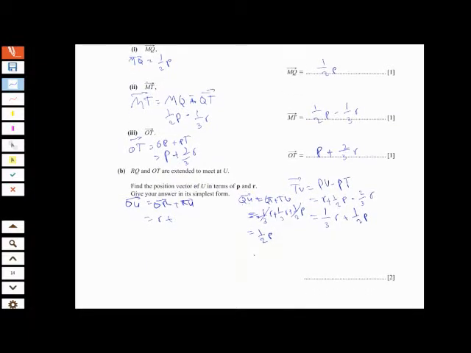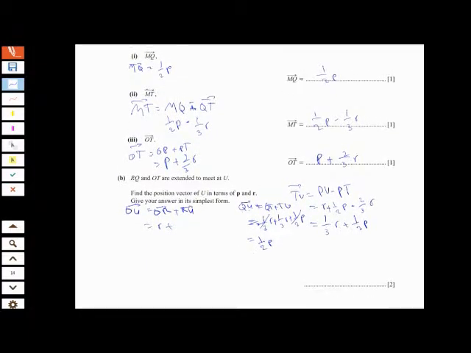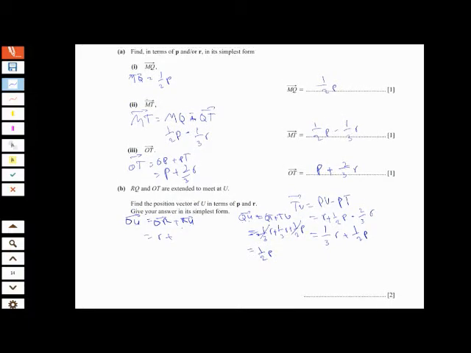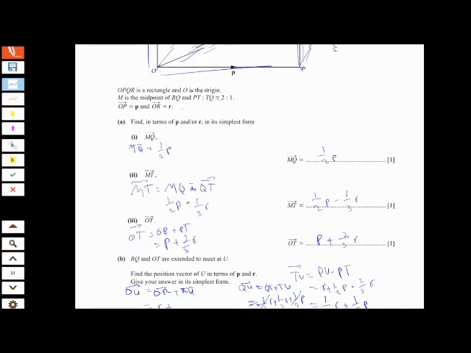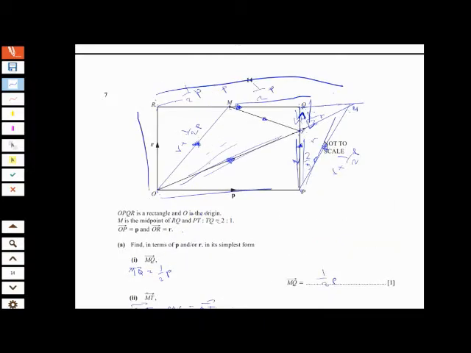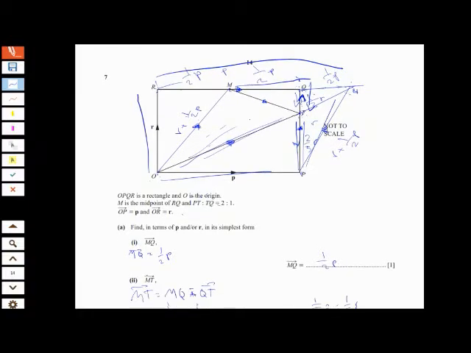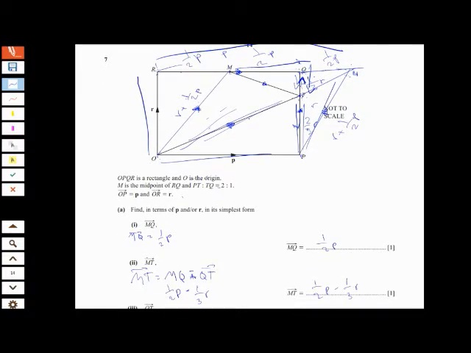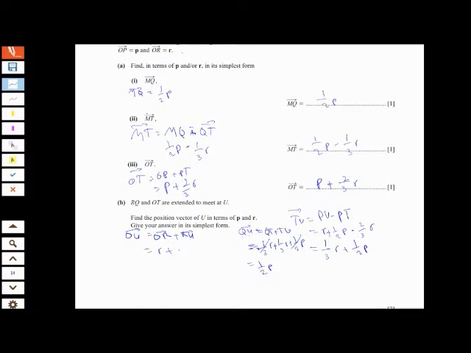Okay, now RU is basically RQ plus QU. QU is half P as well, and RQ is P, so it's P plus half P, which is 3 over 2P.